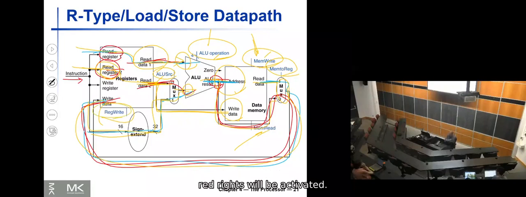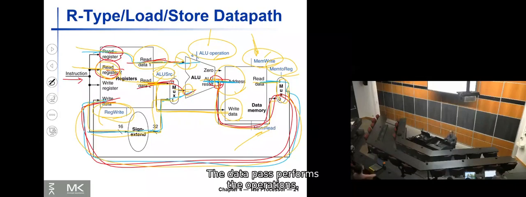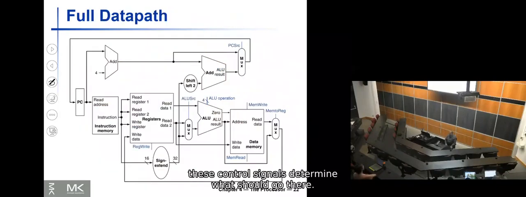With these two instructions, regwrite will be activated. So you see, these control signals define what should be done in this data path. The data path performs the operations. These control signals determine what should go where.